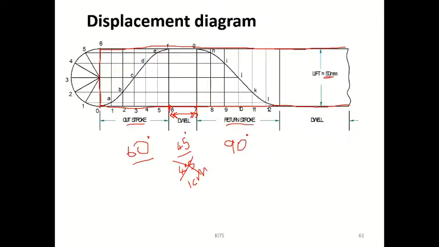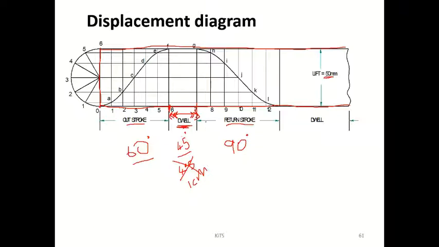If you put exactly 4.5, you don't need the double arrow. But if you use 1 centimeter or 2 centimeter instead, you have to put a double arrow. For the dwelling period only, you can put any value. If you put 4.5 centimeter, you will not have enough space for drawing the whole diagram. That's why I am putting a 1 centimeter line.